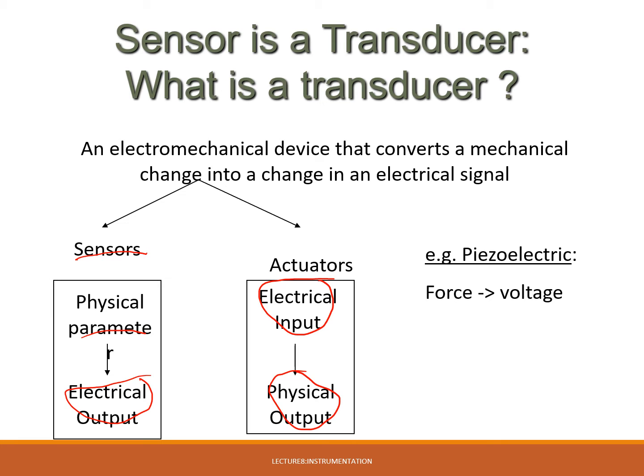So as a general definition, we define transducer as an electromechanical device that converts a mechanical change into an electrical change. Okay, so for example, here we have piezoelectric. Piezoelectric can be both.